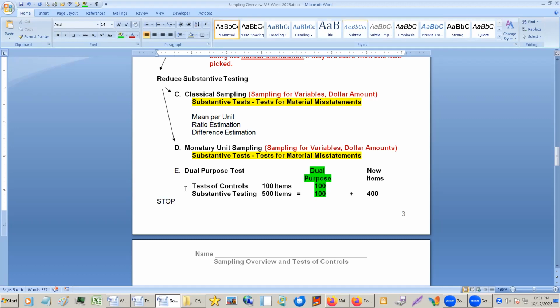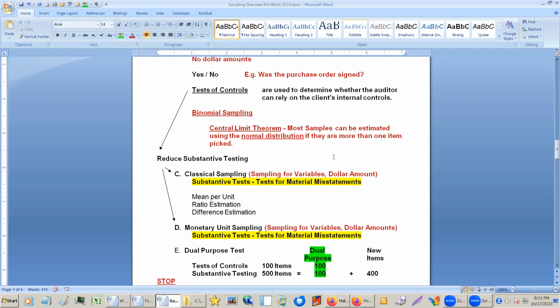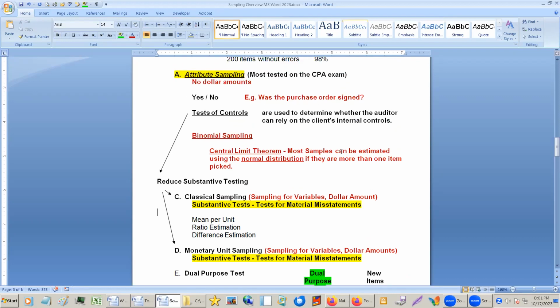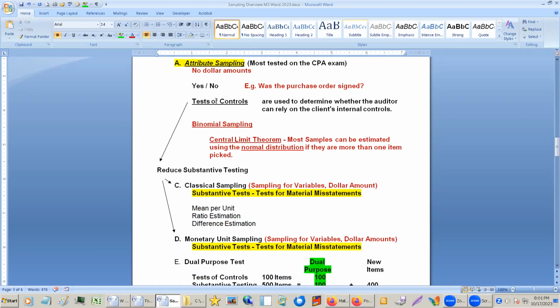Okay, we'll stop there. Questions on any of that? So that's how it all fits together. When you find your risks, this is how you mitigate them. This is how you do the test of controls. Can you rely on the controls?